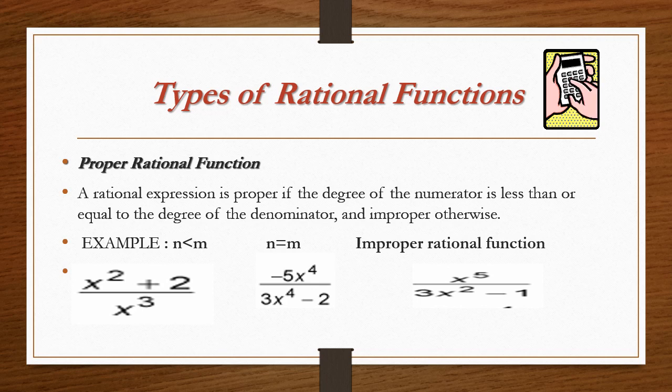Here we have a first example: n less than m. We have x squared plus 2 over x to the third power.